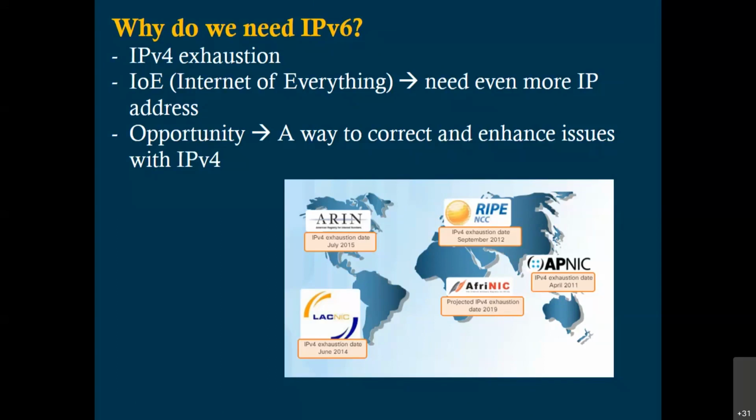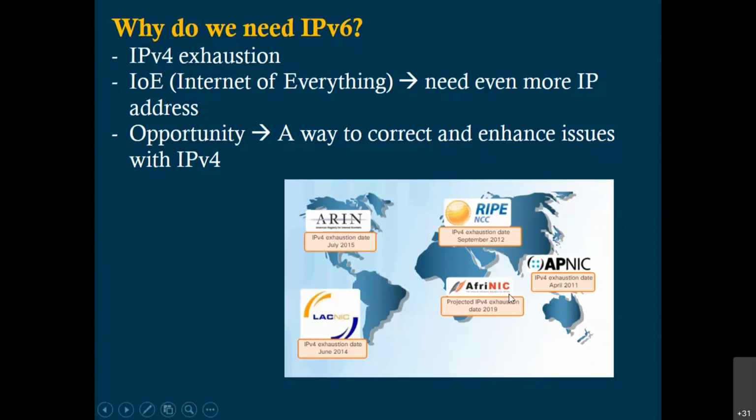There were issues in IPv4 that we can address with IPv6. There are things in IPv4 that are not suitable. We can take them out. So this is an opportunity to come up with a better way of addressing devices, hosts and the network. That's the reason why we have this.